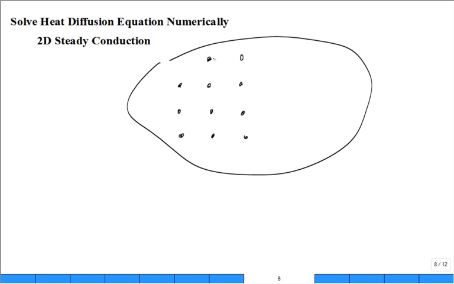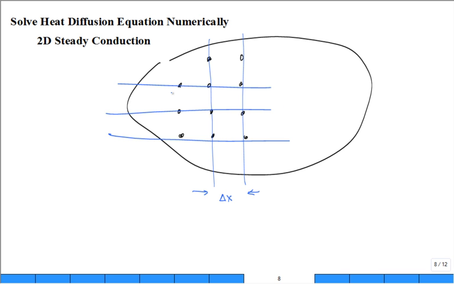You may have seen this. Hopefully you've seen this, numerical methods. So we introduce a grid where the nodes are located every delta x spacing, and the nodes are located every delta y spacing. Now, for introductory purposes, don't say, oh, delta x starts to get larger as I move further to the right.